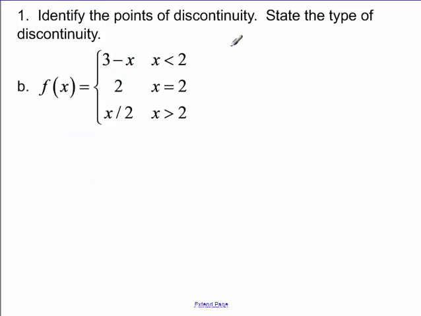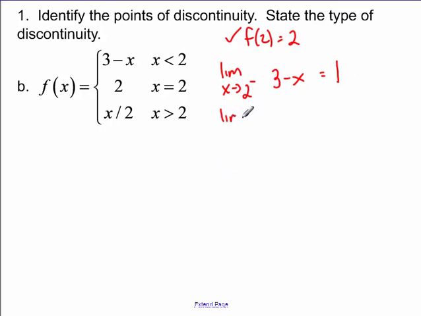Our next one. Okay, we need to make sure our function value exists. f of 2 in this case is 2. So that's the first thing we need to check. Next thing we need to check: the limit as x goes to 2 from numbers a little bit less, we're going to use 3 minus x. So in this limit I can plug in 2 and get 1.